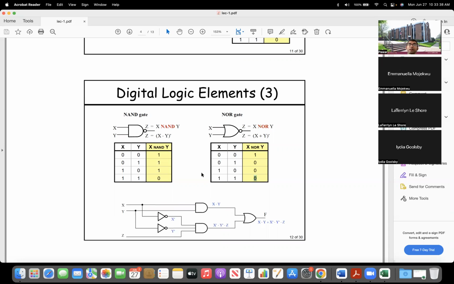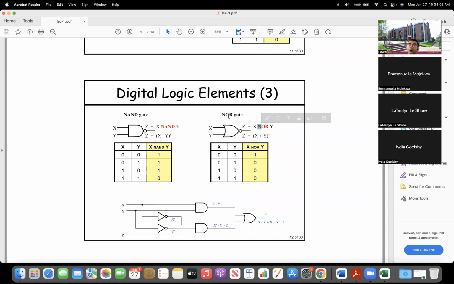The primary gates are AND, OR, and NOT, and the special or secondary gates are NAND and NOR, because there is an additional layer. There is a NOT layer on AND, and a NOT layer on OR, so they're called special gates. There's some complexity involved with the primary gates, right?